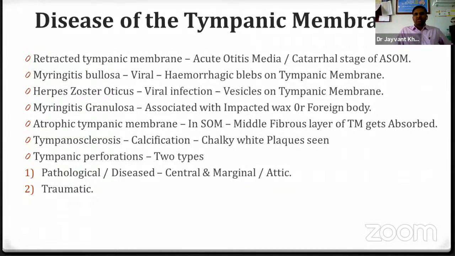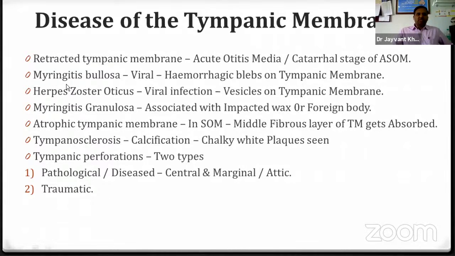The eustachian tube is normally patent, but due to the inflammation, it gets obstructed. Hence, the middle ear pressure, which is positive, turns into negative, and the tympanic membrane gets retracted. Okay? Are you getting me?